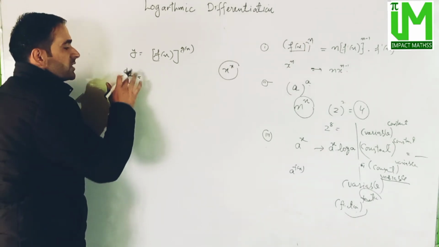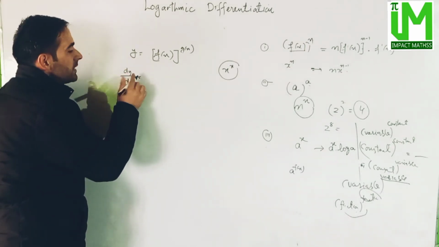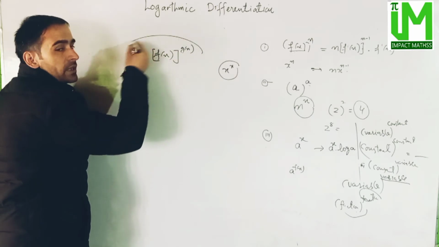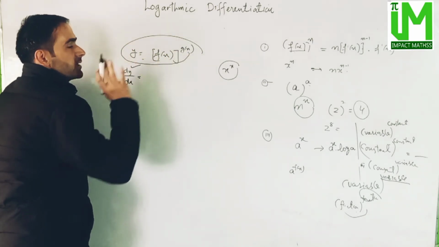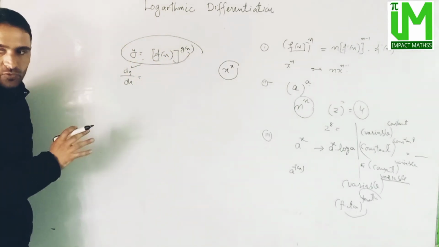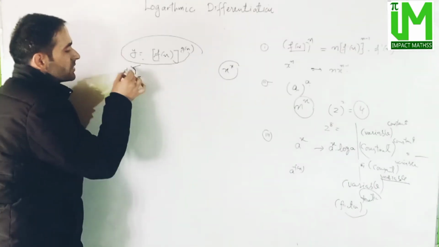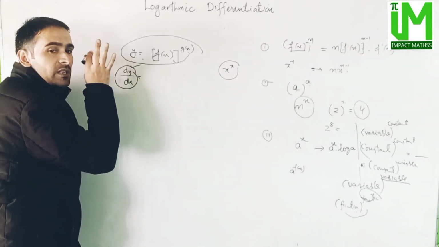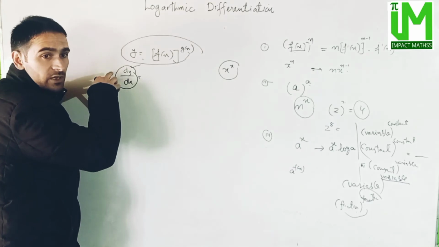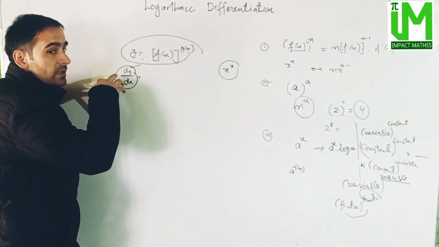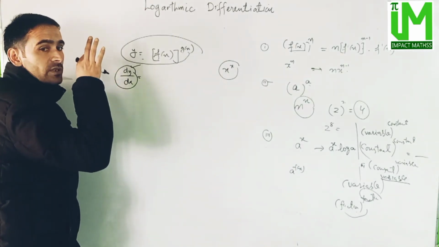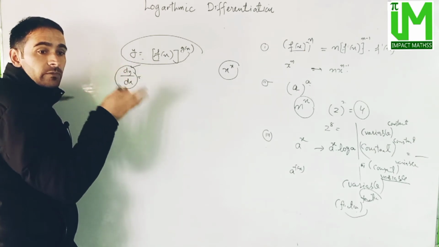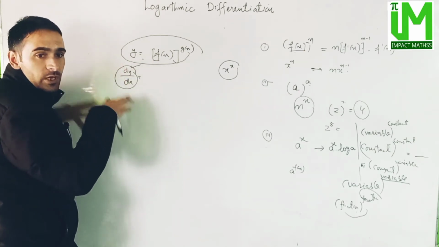We cannot compute dy by dx directly. As we saw in inverse trigonometric functions, before differentiating we were moving to the simplest form.